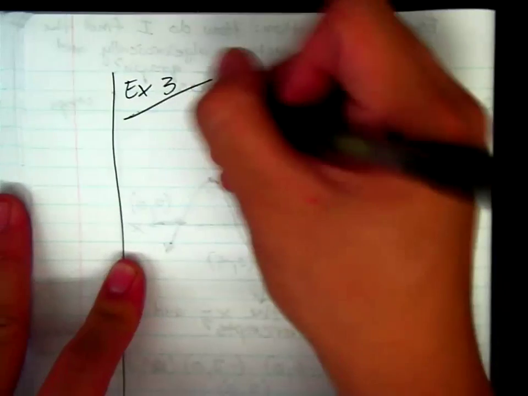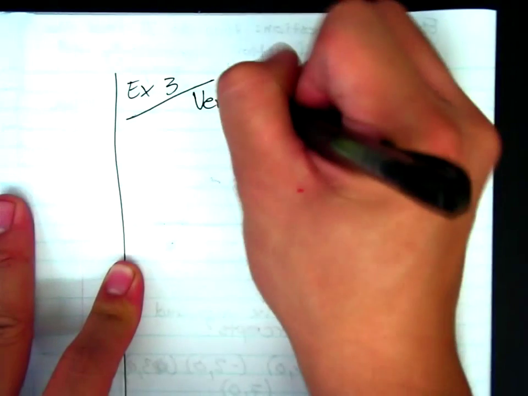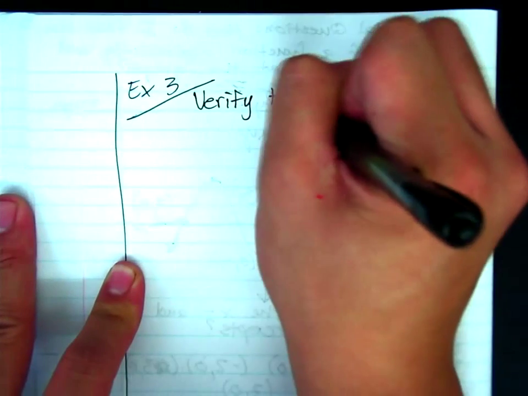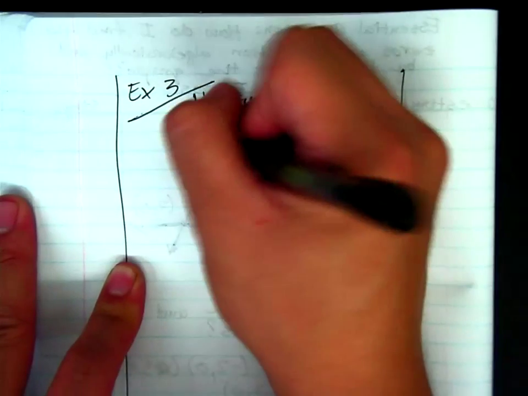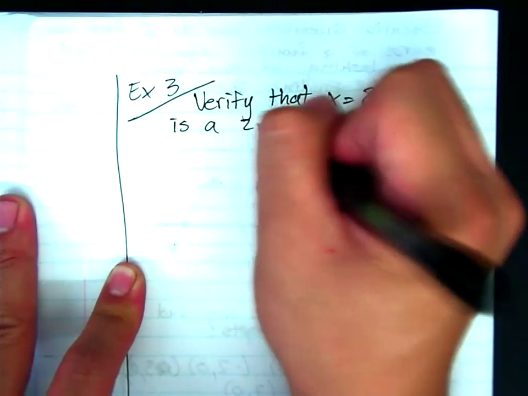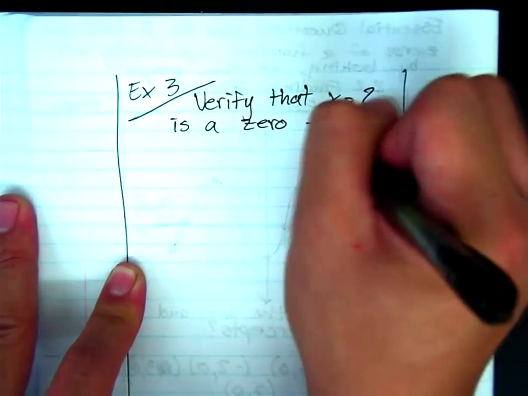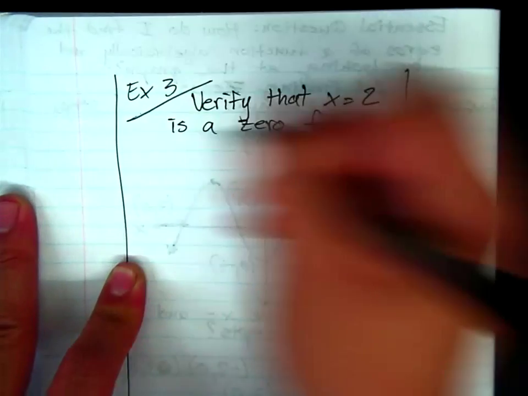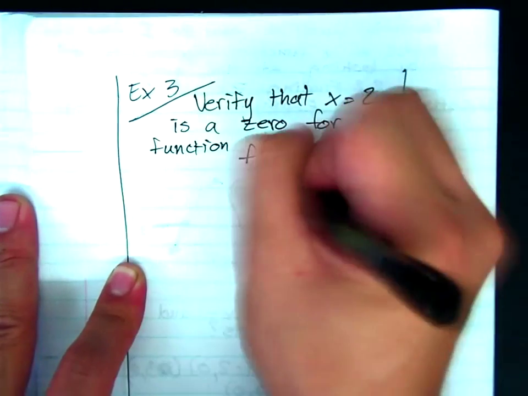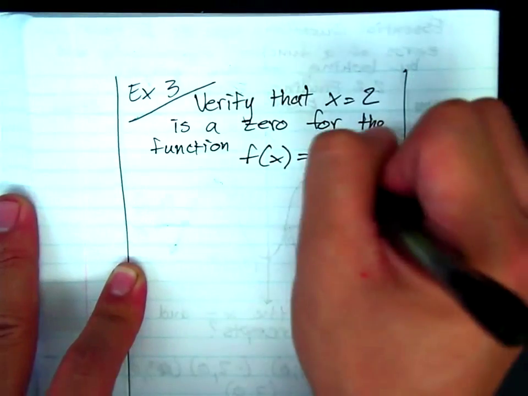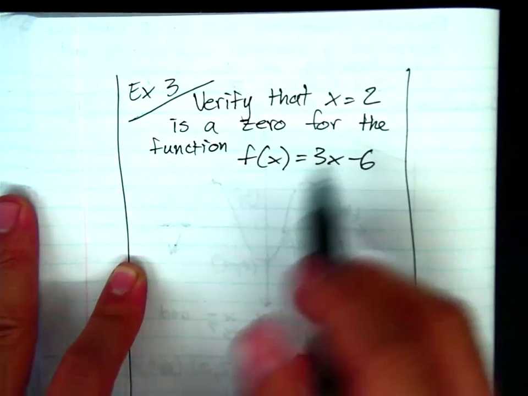So for this problem, I'm going to ask you to verify that x equals 2 is a zero for the function f of x equals 3x minus 6.